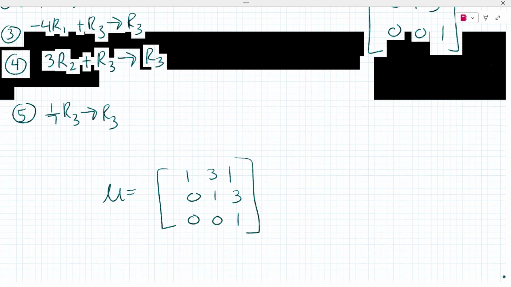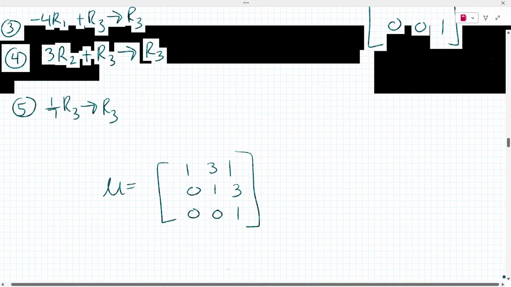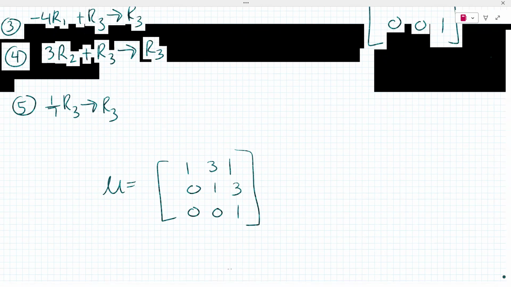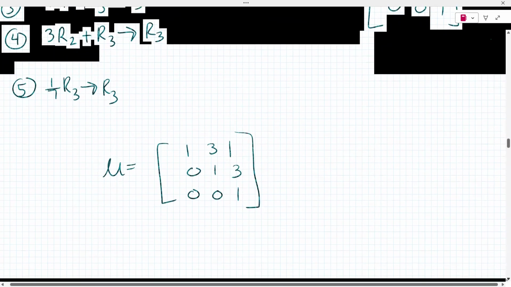Okay. Now, step two, once you find your U, do step two, find L by reversing the transform. So we're going to do something different now. Because it says determine the LU decomposition. So step two is this. It's a little bit different from what we're used to.